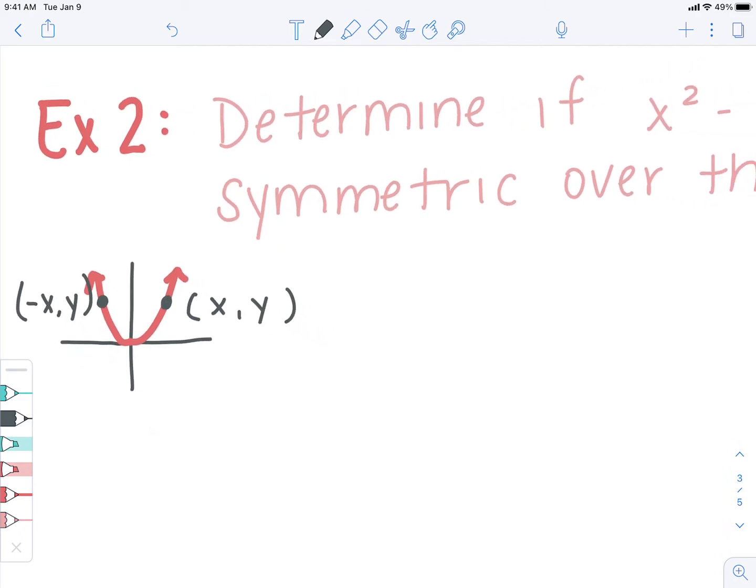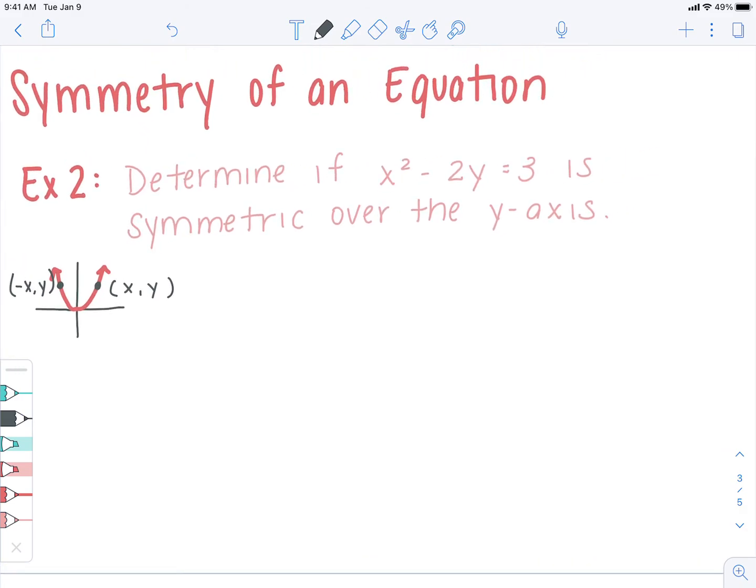So because I know that my equation has to have this negative x, y, what I'm going to do is take the equation they gave me, x squared minus 2y equals 3, and substitute in a negative x and a y where I have my positive x and my positive y.